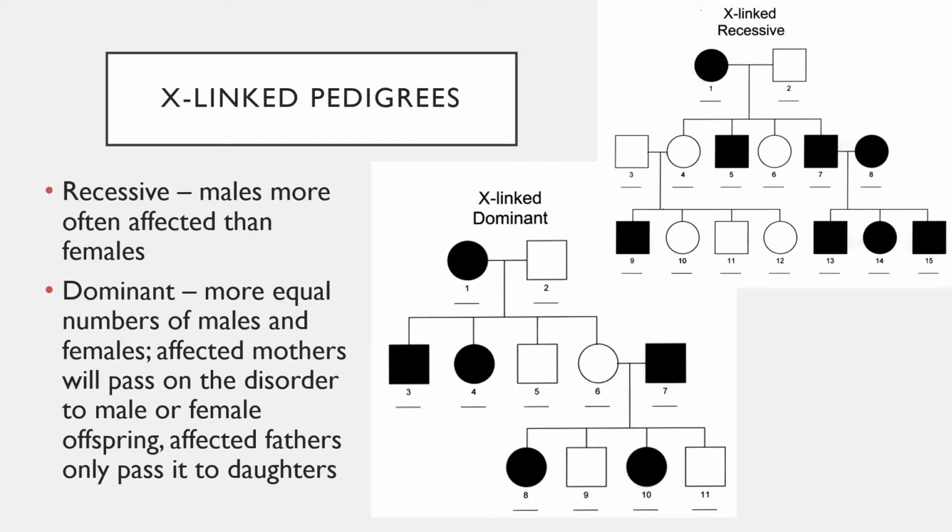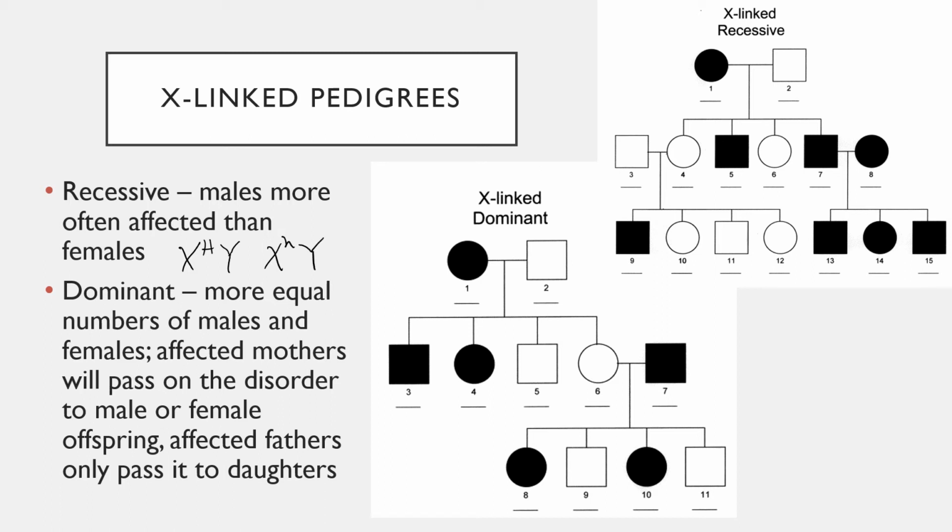So when we look at pedigrees linked to these X-associated traits, we have a couple different things that we're looking out for, and it will determine whether they are recessive or dominant. Now, with recessive X-linked, you're going to see more males affected than females, and that's because the males either get the good copy or they get the bad copy. There's nothing in between.